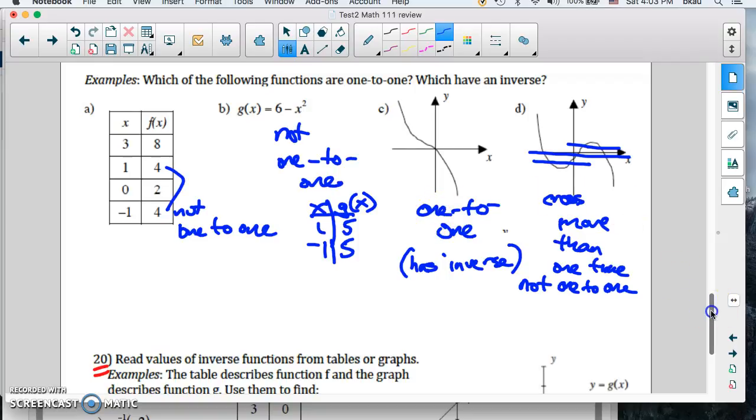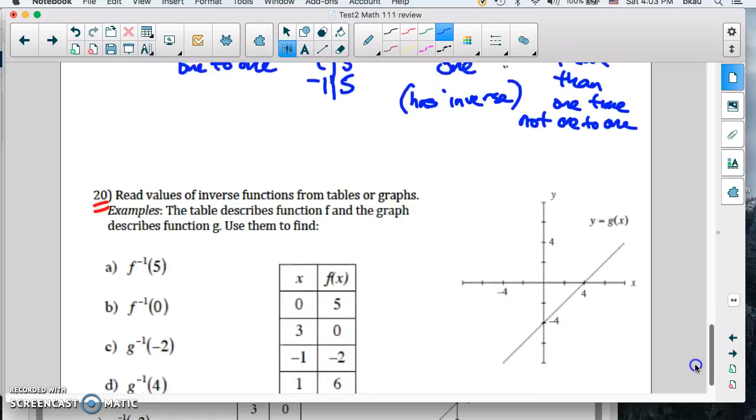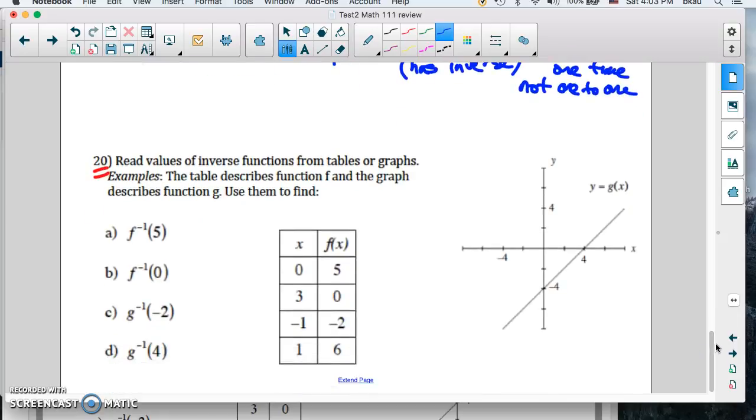Alright, now number 20, it says read these values from the chart. So this is the function for these two. We're looking at this chart. Now we're doing the inverse function, so these are actually f of x values. So you're looking for the f of x value of 5. So the first one, you're looking at this and you're going to read back. So this is 0.